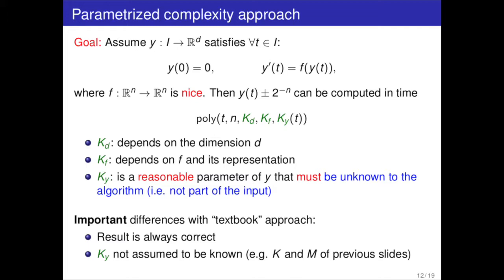And the important difference between this and the textbook thing that we've done before, because you could say this is going to look a lot like what we've done at the beginning, is that the result is always correct. The algorithm is not allowed to return a bad result, and again, it cannot know this parameter. This is not part of the input. Here, it doesn't know what the smallest divisor of the number is.